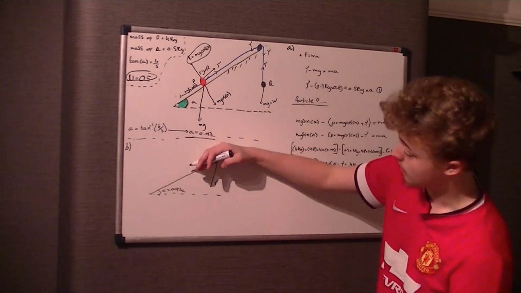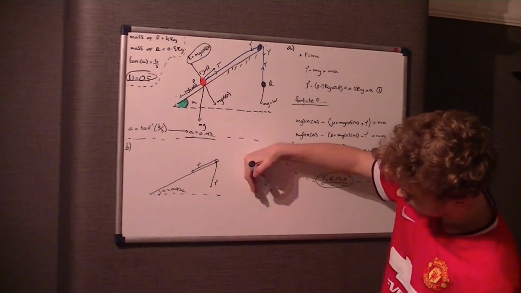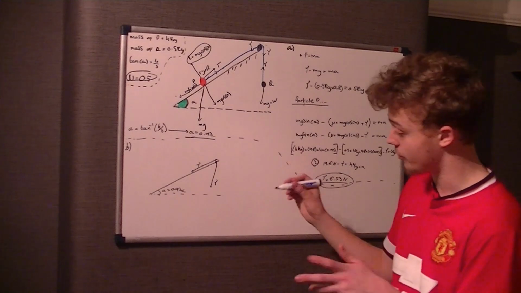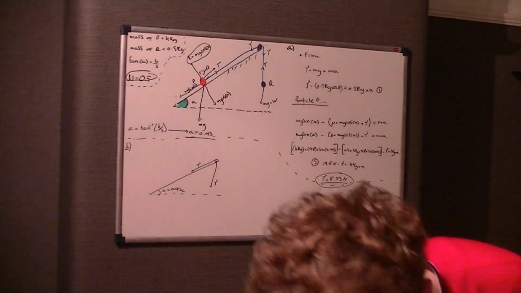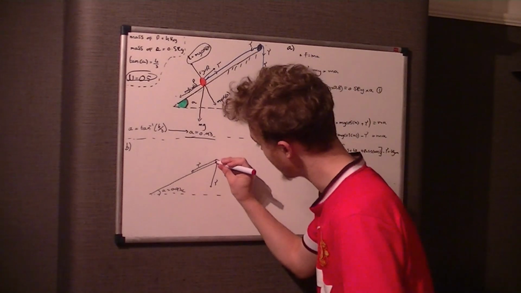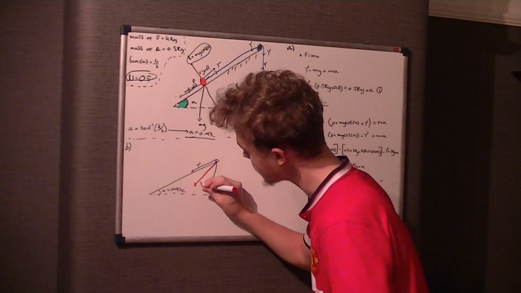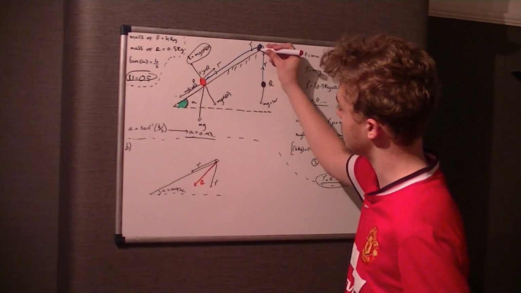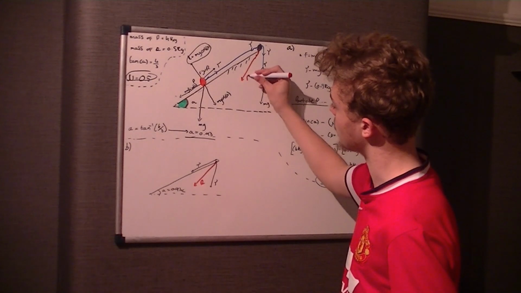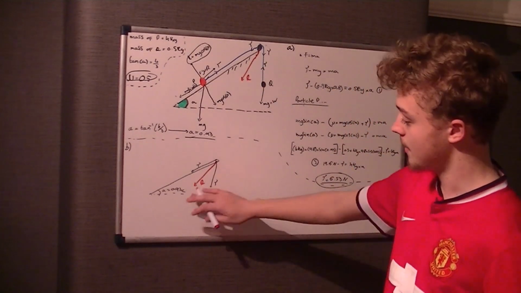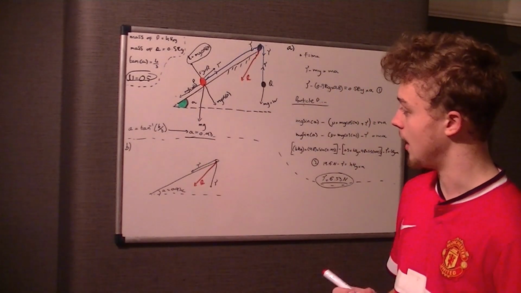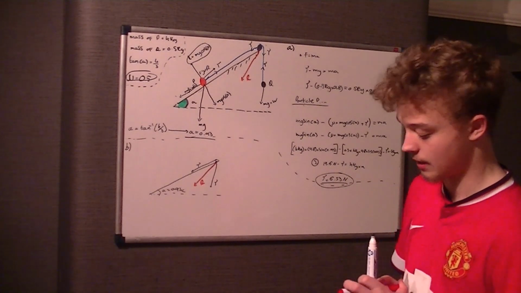This tension is trying to pull it up, and this tension is trying to pull it down. So the resultant force, naturally you would assume, is going to lie somewhere like this. And on here, just to compare it, it would lie somewhere like this. So these two diagrams are exactly the same.